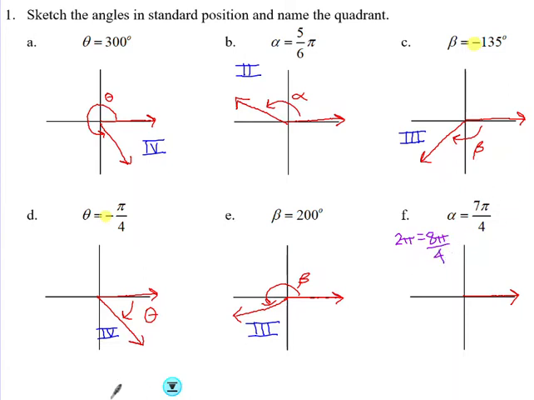So 7 pi over 4 is not quite all the way around the circle. So if we break up this circle into 8 pieces, because a full revolution is going to give us 8 pi over 4s, that would be 1, 2, 3, 4, 5, 6, 7. So 7 pi over 4 should be in the middle of the fourth quadrant.